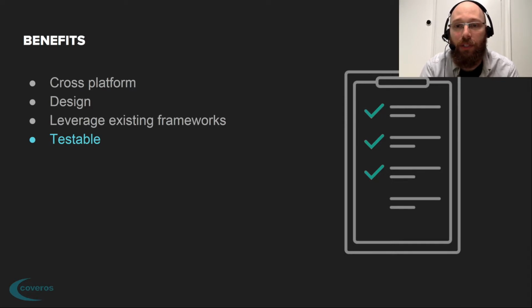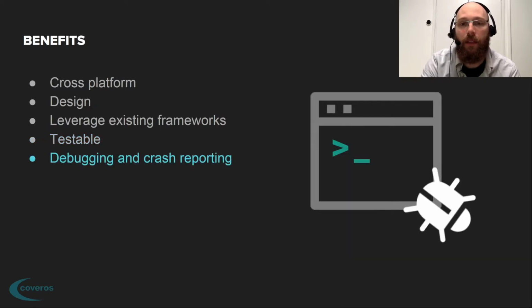Testability, often overlooked for desktop applications, but this approach allows you to easily test your app. Unit test with Jasmine or Mocha, and do your front-end testing with browser automation tools such as Selenium. Excellent debugging and system monitoring support. Use existing modules for crash reporting and system profiling.